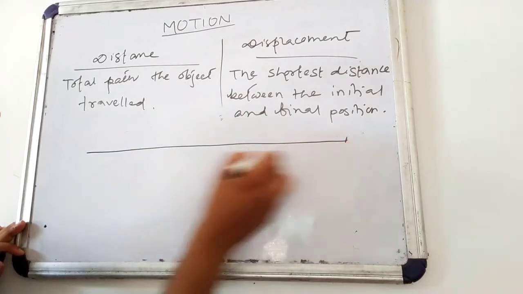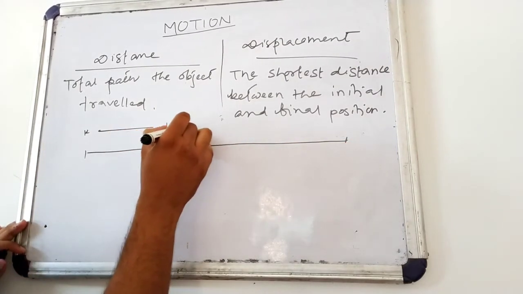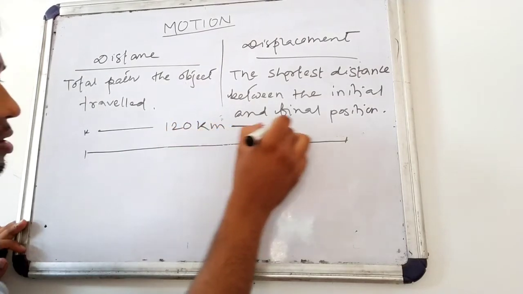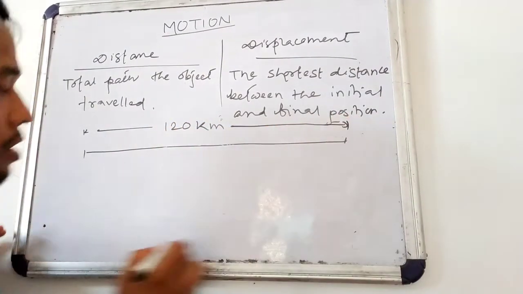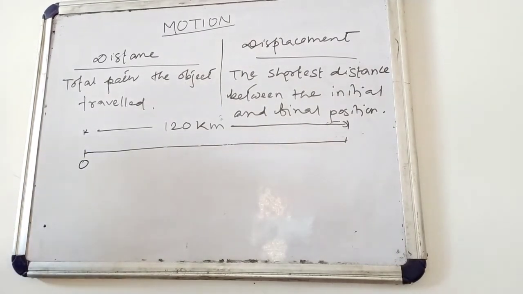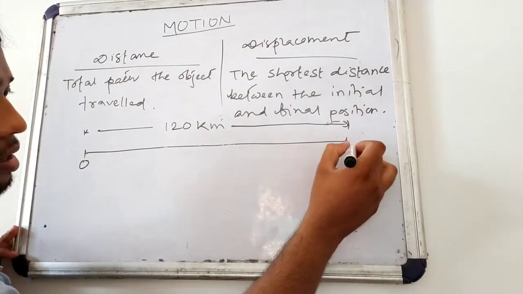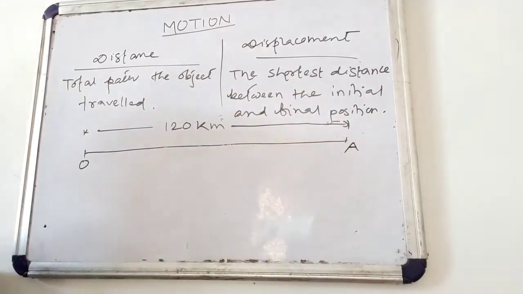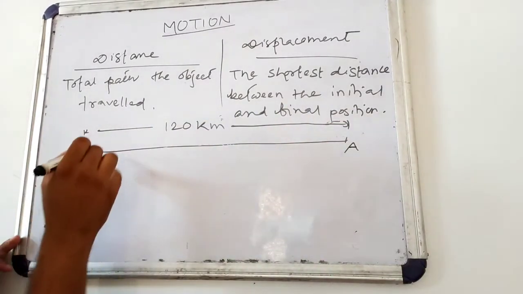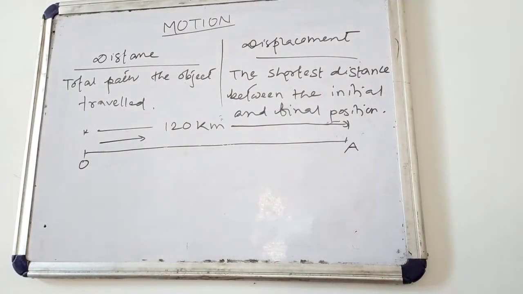Suppose this is a road and the length of the road is suppose 120 kilometers. So initially a car is present at O. Okay, then after some time it reached A. It moved along this direction and reached the point A after some time.